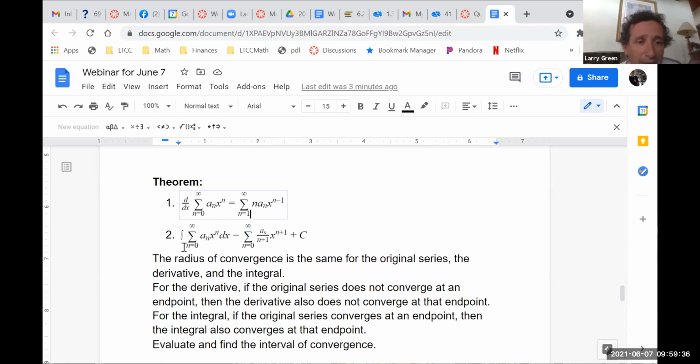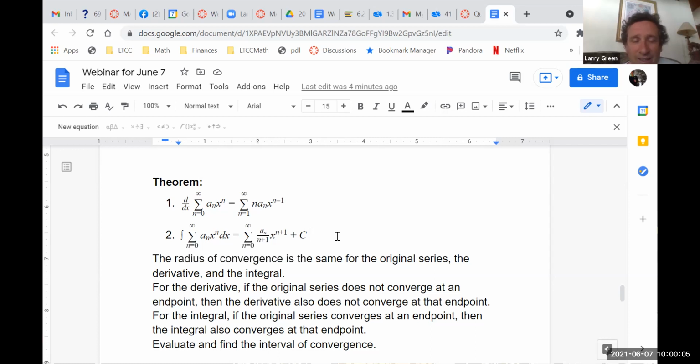Okay, and then same thing, the integral of a summation n equals 0 to infinity, a_n x to the n dx, is just the power rule. So summation n equals 0 to infinity of a_n over n plus 1, x to the n plus 1. And then hopefully you're all used to plus c. Any questions on taking an integral and a derivative in terms of the formulas?